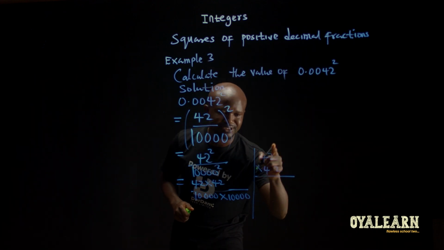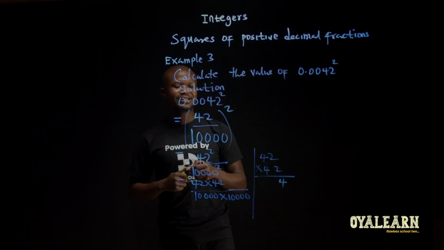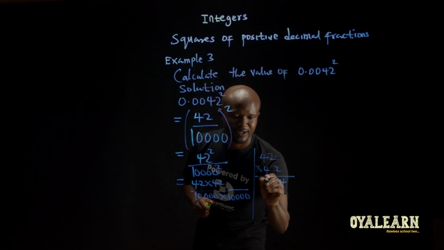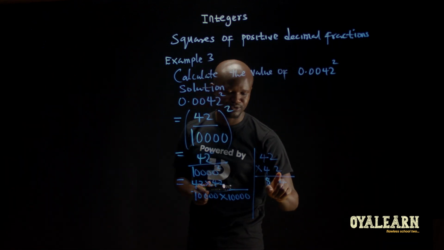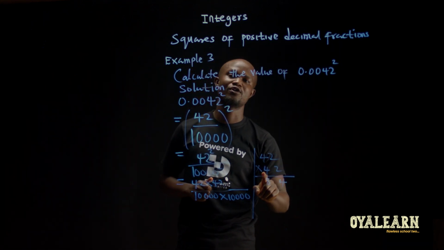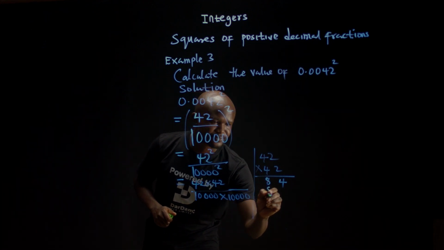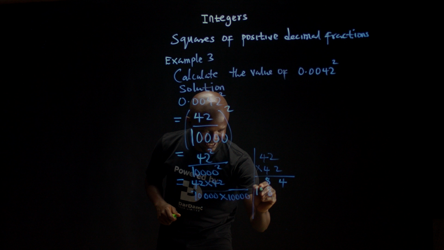Now, 2 times 2 from the back, we have 4. Then, this same 2 times 4, what do we have? 8. Now, we have used these 2. The next number to use now is 4. So, 4 times 2, what do we have? 8. 4 times 4, 16.